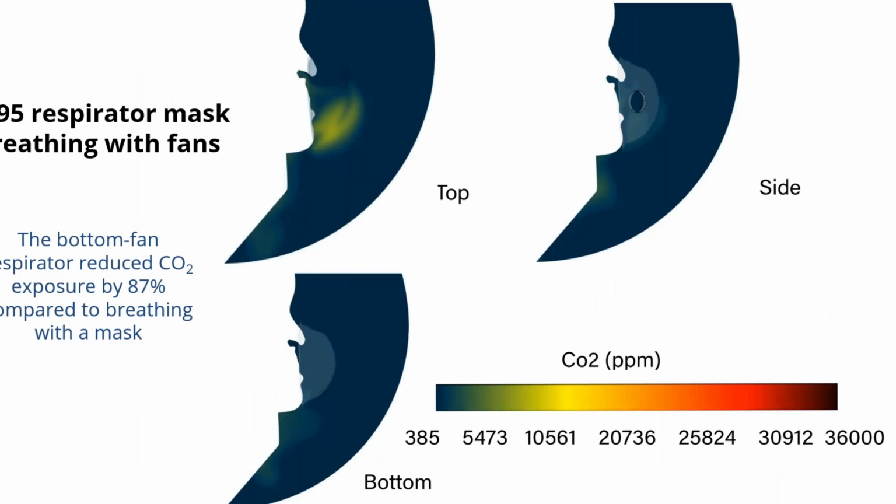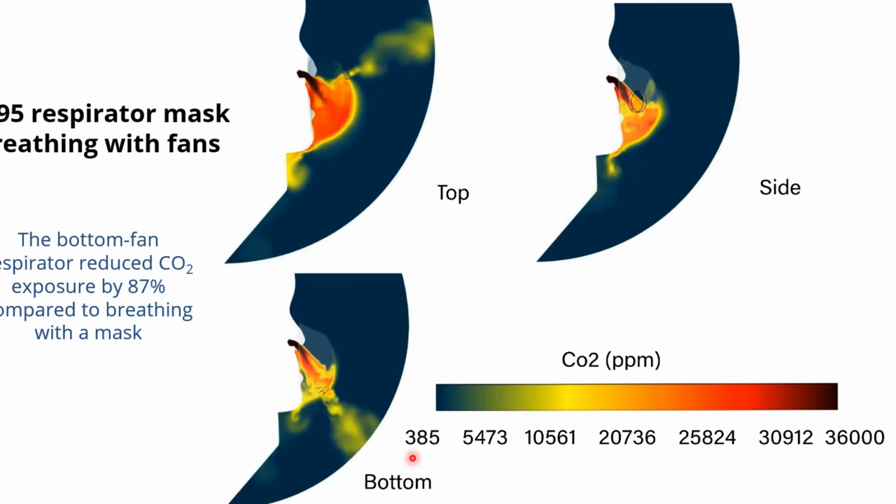Recent work here, we've just finalized, introducing a fan into the mask. So the fan position at the top, fan position on the side, and a fan position at the bottom to vent out the CO2.